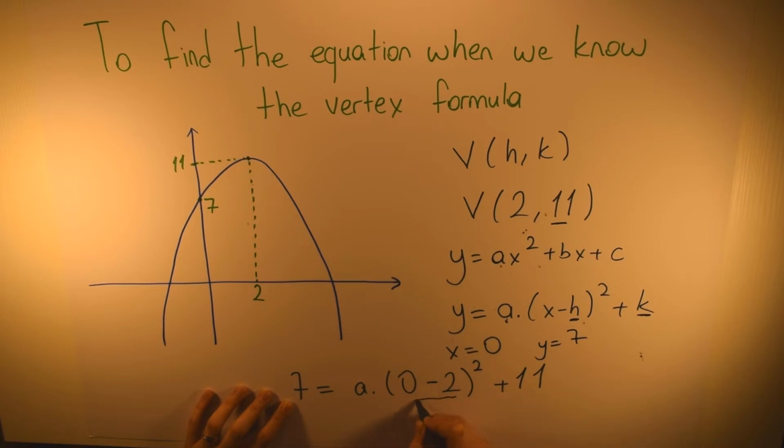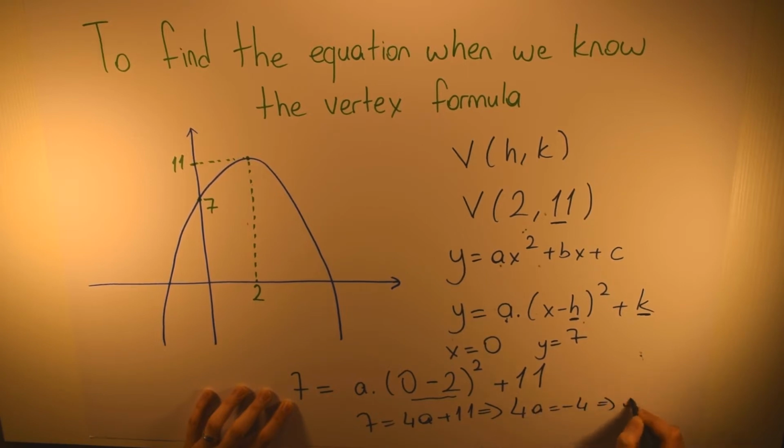This is minus 2 squared, which is 4, so 7 is equal to 4a plus 11, which means 4a is equal to minus 4 and a is equal to minus 1.